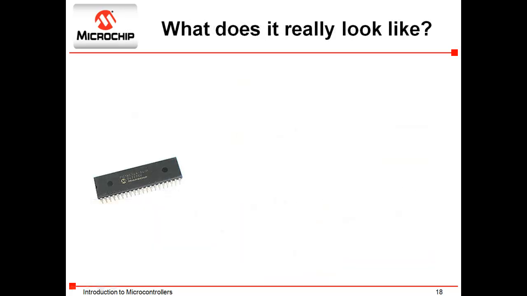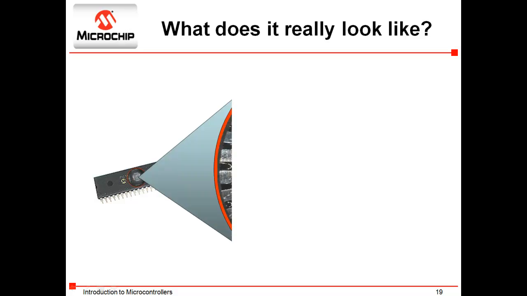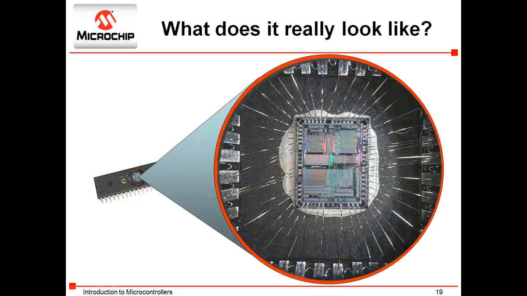So we've discussed the basic components of a PIC microcontroller and dsPIC digital signal controller and showed you some simple block diagrams. But what does this really look like? If we were to remove part of the plastic packaging that protects the microcontroller and magnify what's inside, it might look similar to this picture shown here.